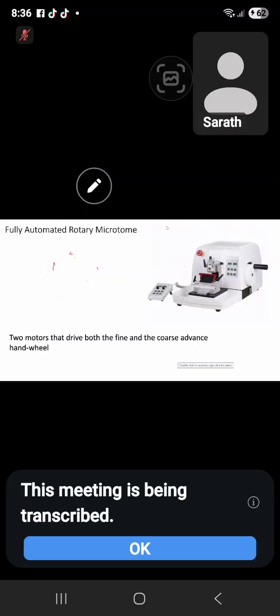Very expensive. You can purchase about 4 or 5 manual microtomes for the cost of the fully automated microtome. If the MLT is qualified and has good quality, if you know the technique, ideally the manual one will be ideal.